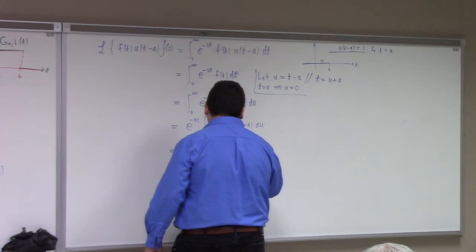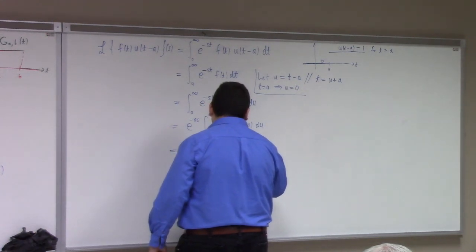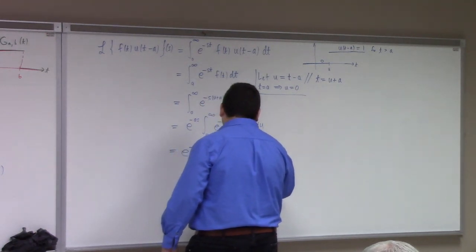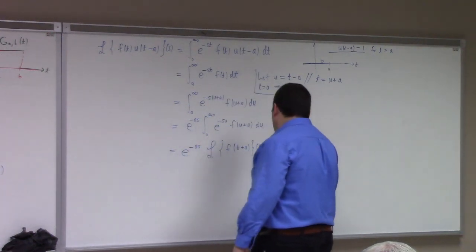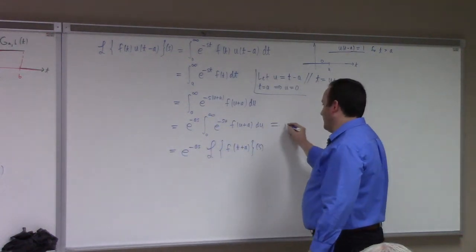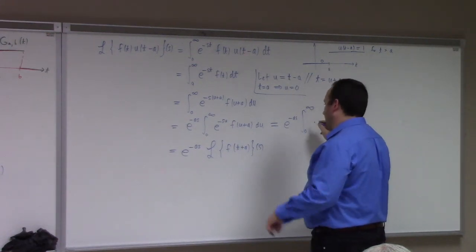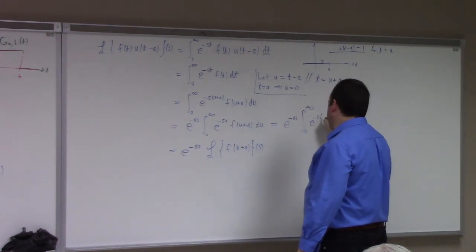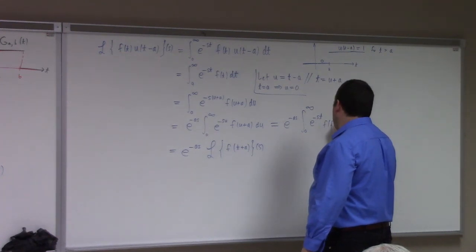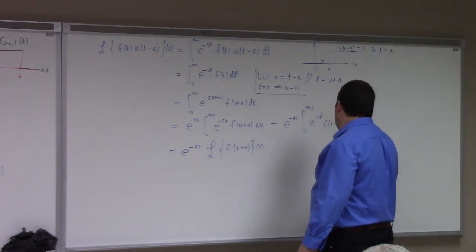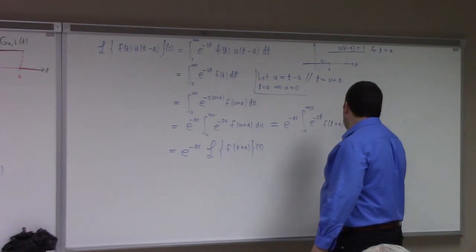F of t plus a, of s. If it helps you, I can write one more step. This is e to the minus as, the integral from 0 to infinity, change the variable back to t. It is just a dummy variable of integration, so we can change it from u to t if we want.